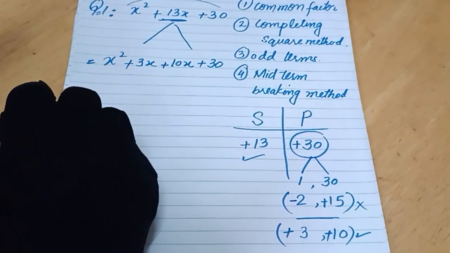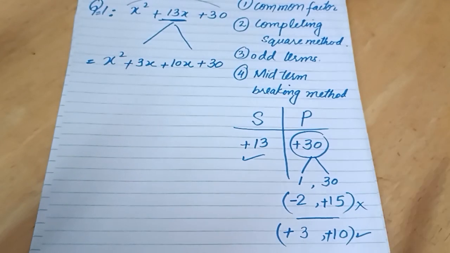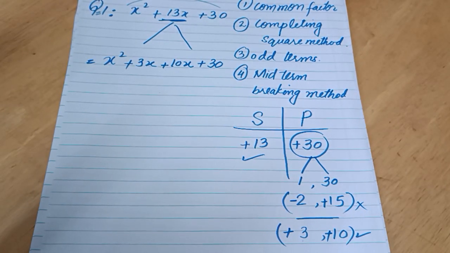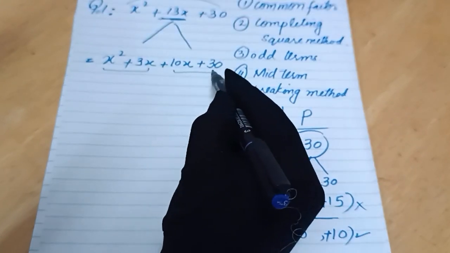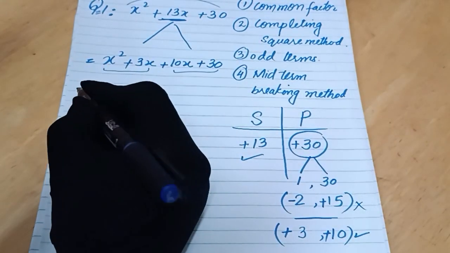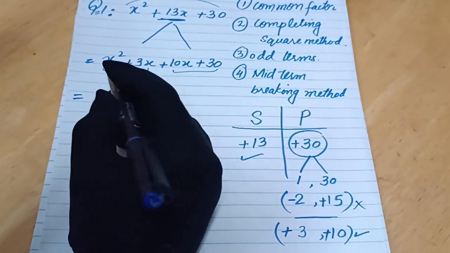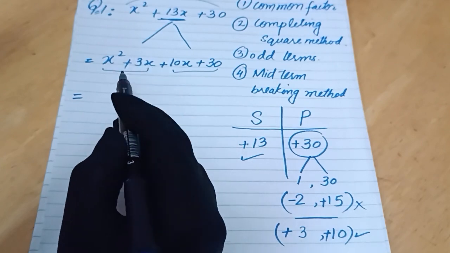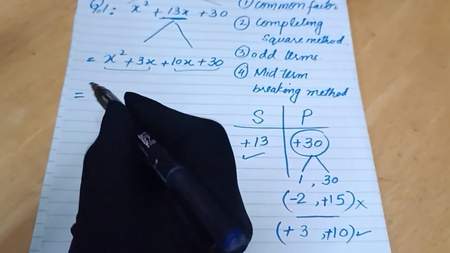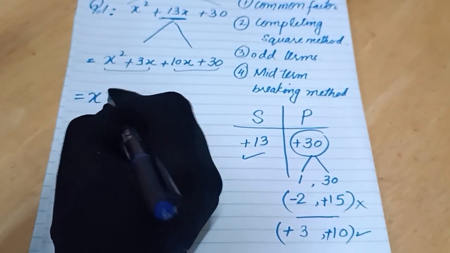Now we come to our method in which even number terms are there, so it means we will make pairs. Out of the first pair, x square plus 3x, clearly x is common in both terms. So we will take x common.